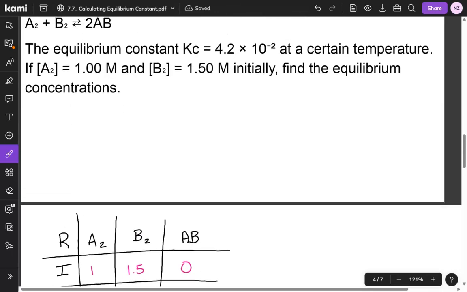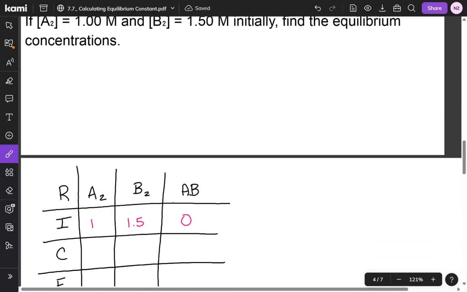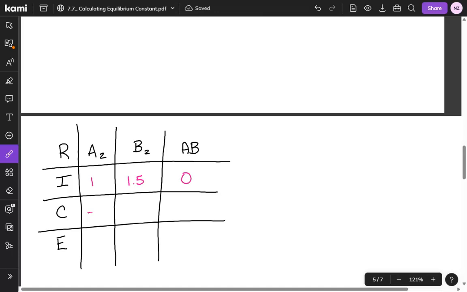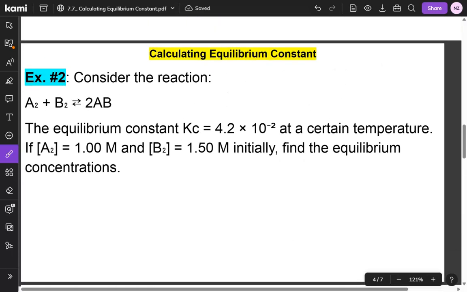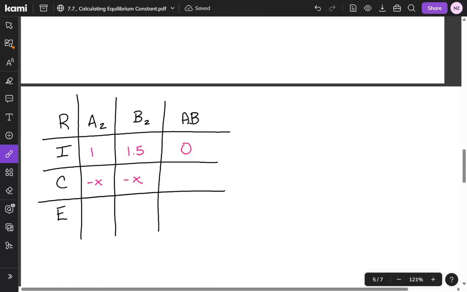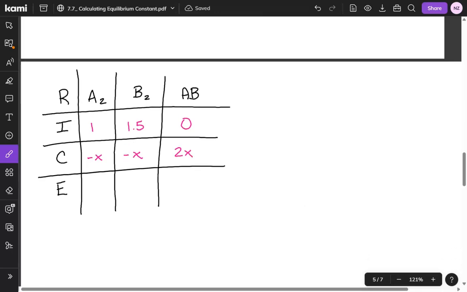If we go back to our equation, we know that A and B are both going to go down by a factor of x. We don't know what that is, but they're going down by some factor x. AB is going to go up by a factor of 2x. Now we're just going to combine our I and C rows: 1 minus x, 1.5 minus x, and then 2x.